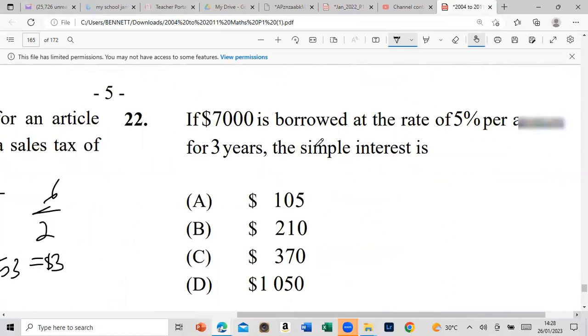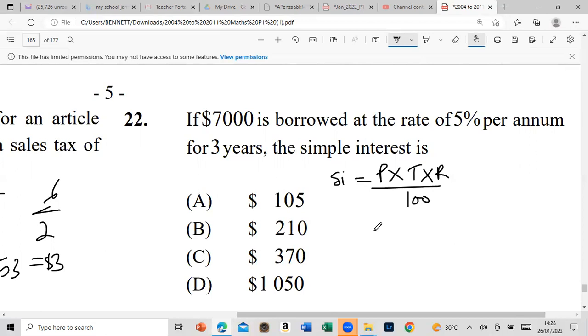If 7,000 is borrowed at the rate of 5% per annum for 3 years, the simple interest is... Alright, we are discussing over there, so simple interest is principal times time times r, all of that upon 100.